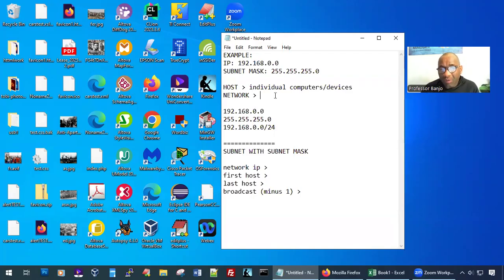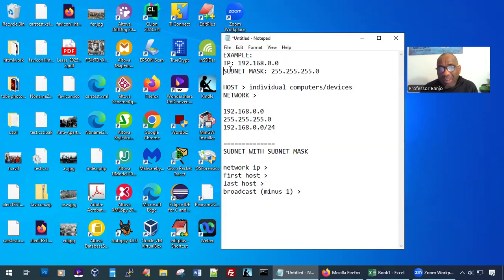Okay, so we're going to see from this example, what part of this IP address is the host portion? That is, when we talk about host and individual computers, how many computers can you have in that IP range? How many individual computers can you have in the whole IP range?